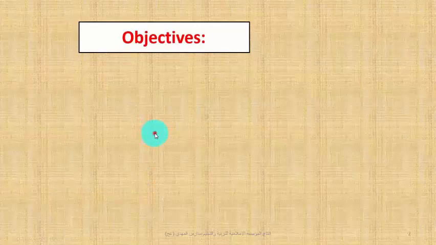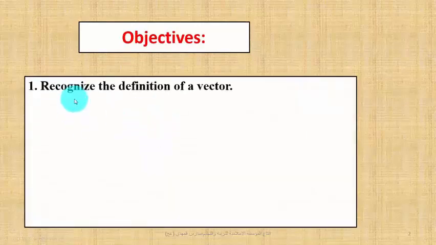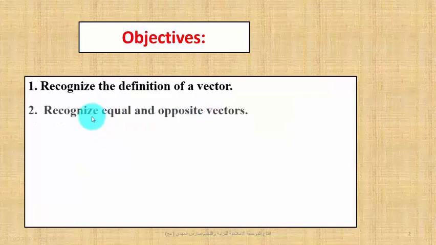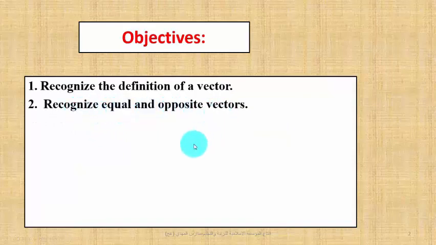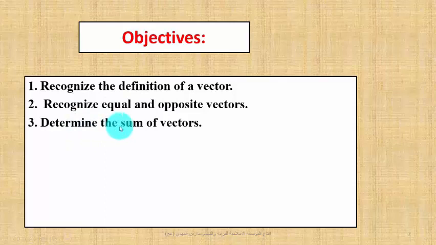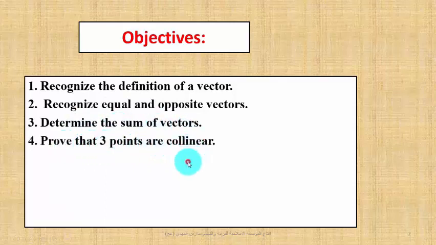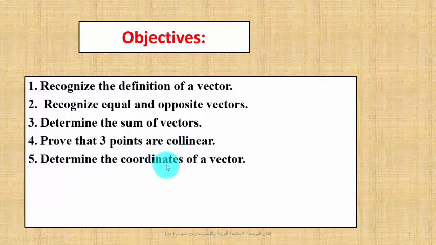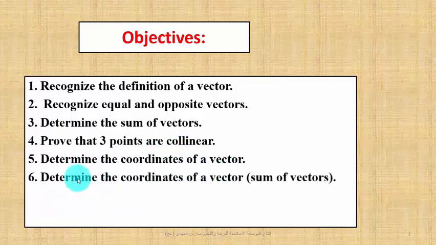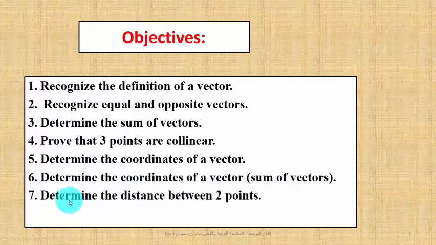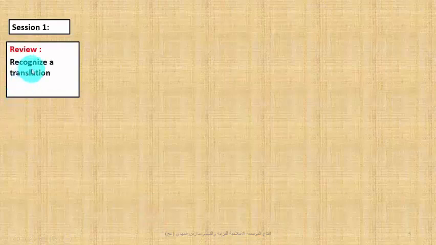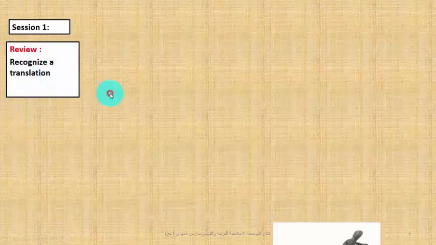Our objectives are: recognize the definition of a vector, recognize equal and opposite vectors, determine the sum of vectors, prove that 3 points are collinear, determine the coordinates of a vector, determine the distance between 2 points. First of all, we will recognize a translation.